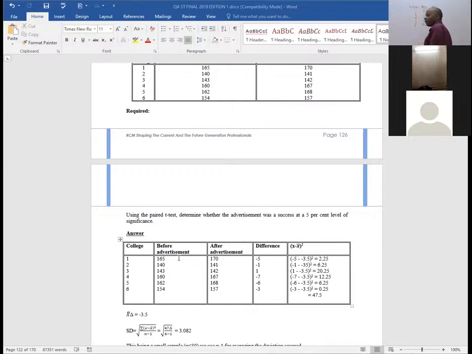That's before advertisement. After advertisement, there was some improvement. I can see we have 170 there. We have 141, 142, 167, 168, and then we have 157.